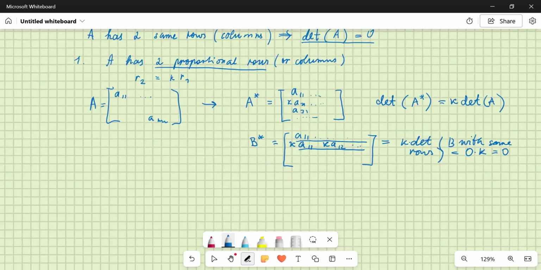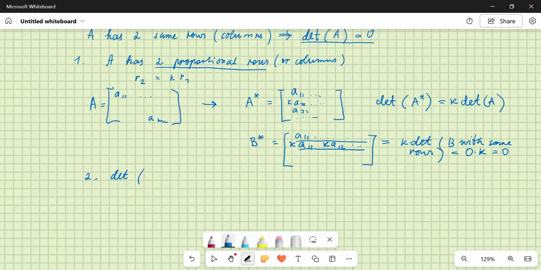Property number 2 is going to be a little bit longer to prove. That's actually going to be a whole theorem and we are going to prove it the long way.